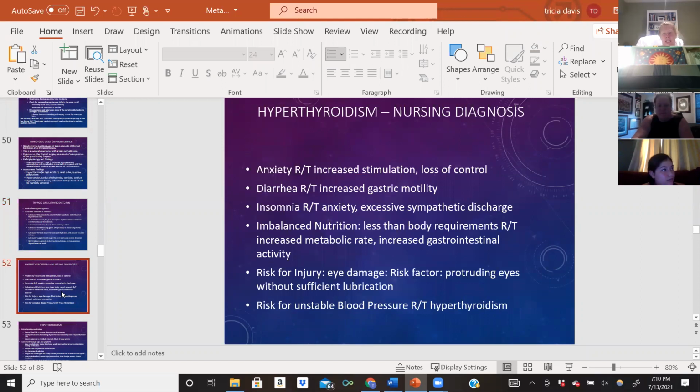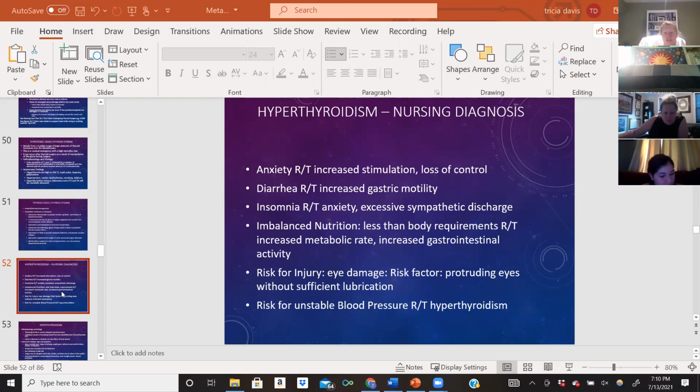All right, so some nursing diagnoses that we may see: anxiety related to increased stimulation, loss of control; diarrhea related to increased gastric motility; insomnia related to anxiety, excessive sympathetic discharge; imbalanced nutrition, less than body requirements, related to increased metabolic rate, increased gastrointestinal activity; risk for injury, eye damage.